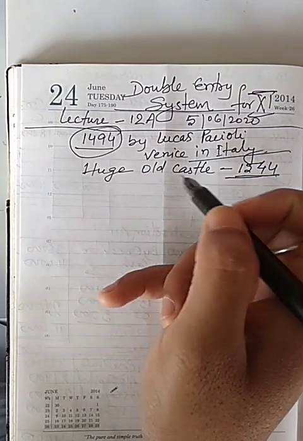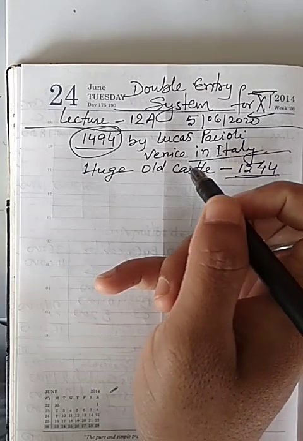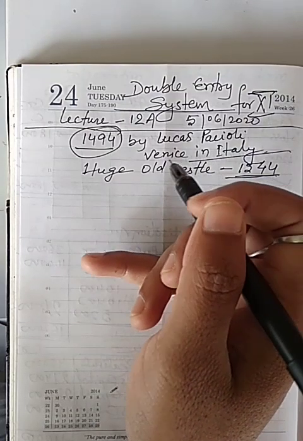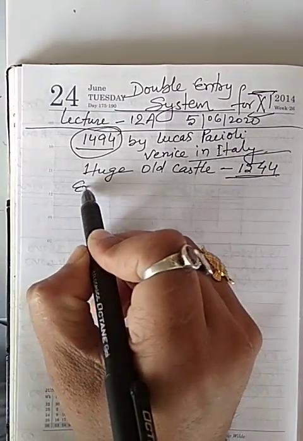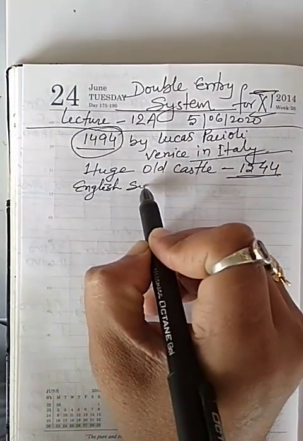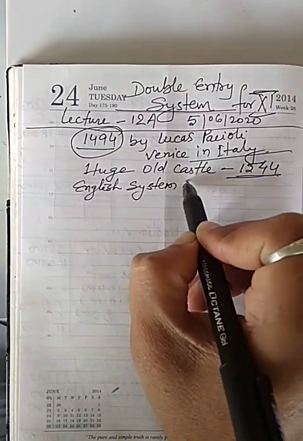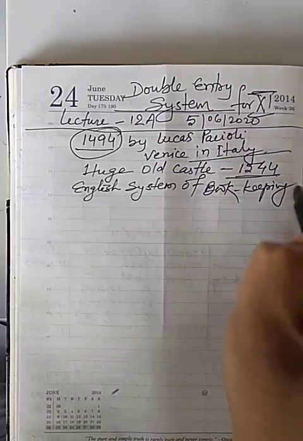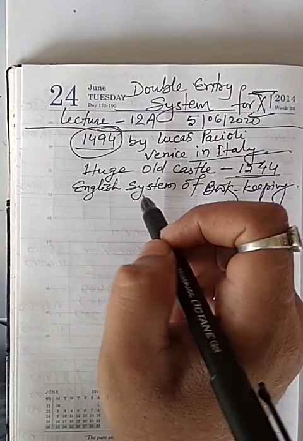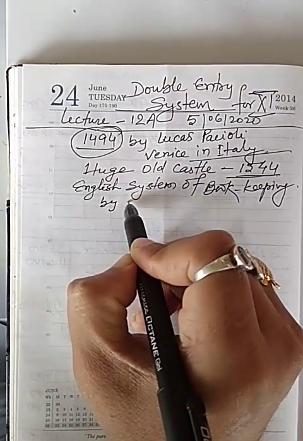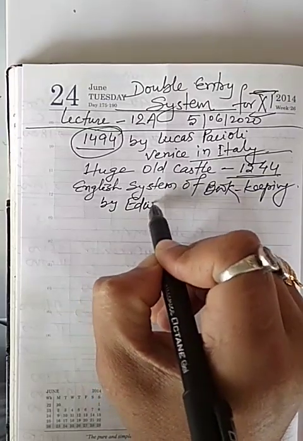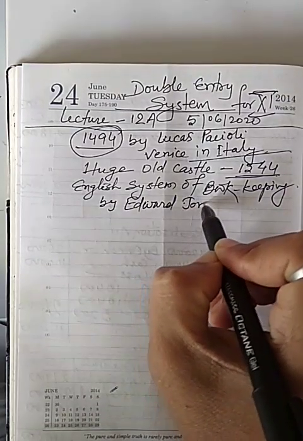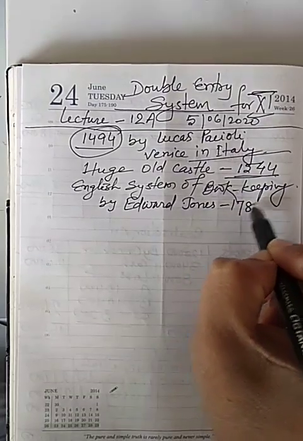Later on, many changes were incorporated in the system, and finally a complete book named English System of Bookkeeping was written on this system by Edward Jones in 1785.